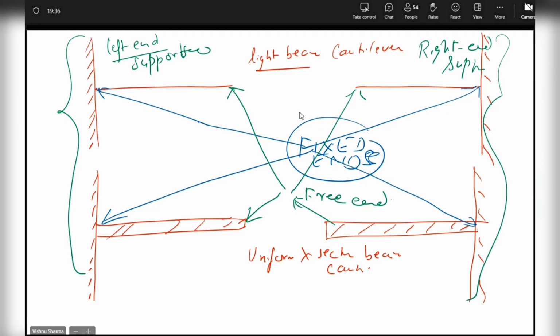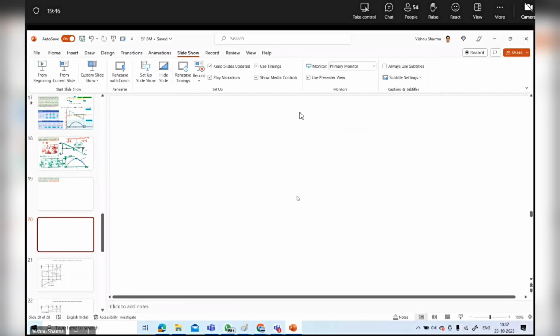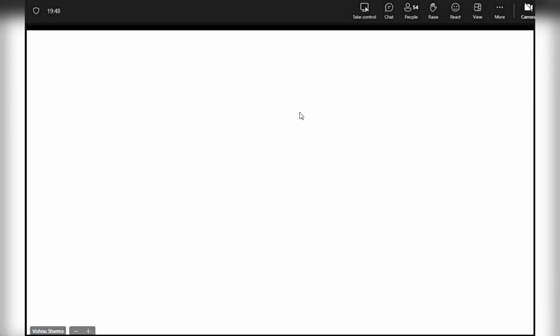Okay. Now, when you do it for a cantilever, your working does not change. In fact, the first step becomes easier. Why? Because when you use a cantilever, there is only a single support. So this light beam can have a weight here, can have a weight here, they can have a uniform load anywhere you want to put it.